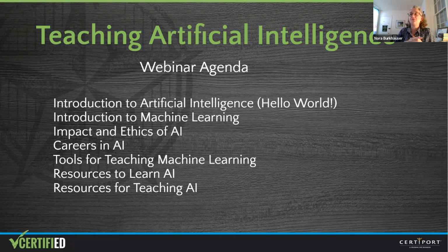But there are some other important topics that you want to incorporate with your kids, and that is the impact and the ethics of AI. That's usually actually a fun thing to teach and something the kids usually get very interested in. Of course, careers in AI. And then I'd like to demo for you just 2 of the many tools that I've used in my classroom to help teach AI. And then just a smidgen of the resources that are out there to help you learn a little bit more about AI and to help you teach AI as well.